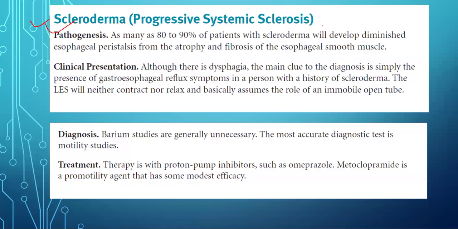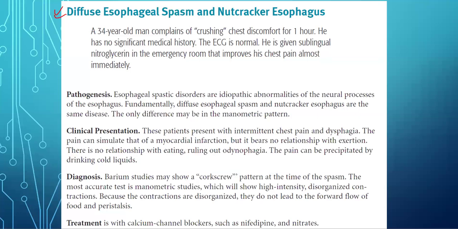Remember one thing, scleroderma, which is a connective tissue disorder, also causes dysphagia. We will discuss that in our connective tissue disease class. There is another condition called diffuse esophageal spasm. In diffuse esophageal spasm, the esophagus becomes spastic.